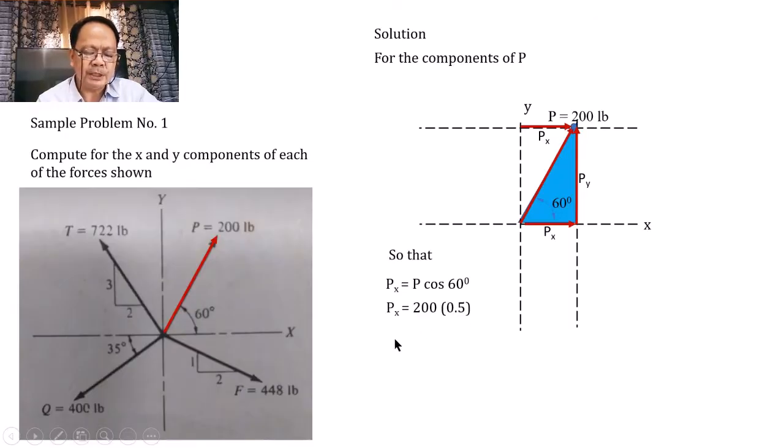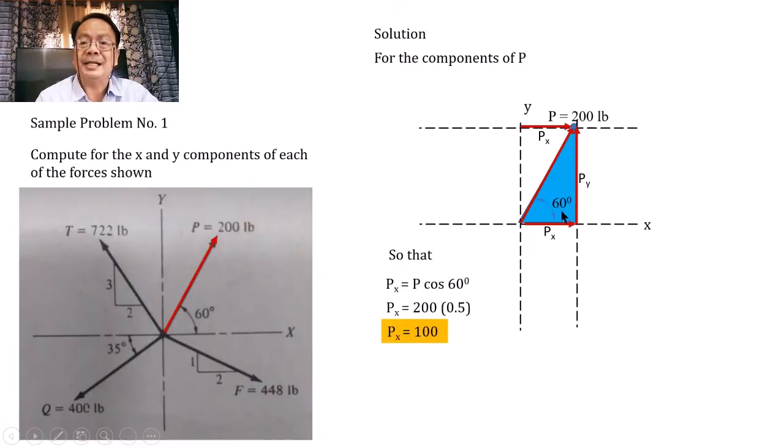And so if this will be simplified, we shall be getting the x component of P, which is equal to 100 pounds.